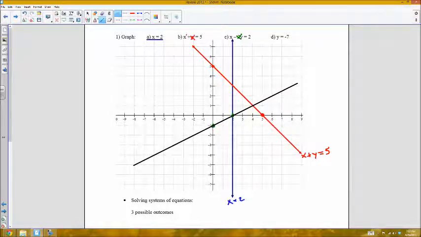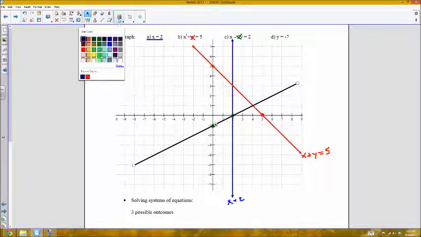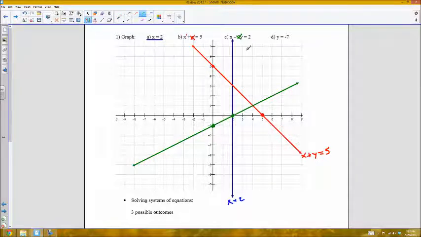Okay, there we go. Again, I'm going to add arrows to both sides. And I'm going to color it so that it stands out. And I'm going to label it. So this is x minus 2y equals 2. And the last one, y equals negative 7. Well, that's just a horizontal line.